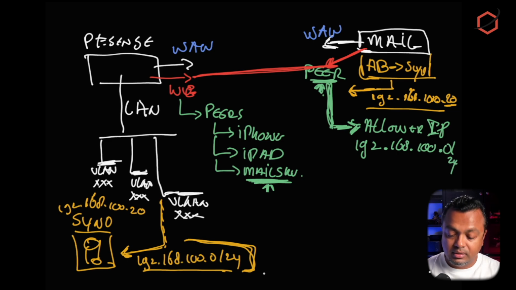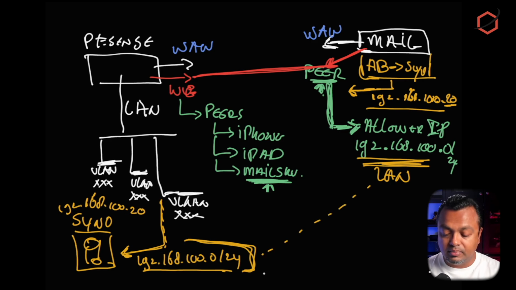As you can see, this is the same IP range my LAN is using, right? This is just to draw it like that. Okay, so that's the same IP range I specified in the AllowedIPs option in the WireGuard configuration on my client, on my mail server in this case. And this creates a route on the system.